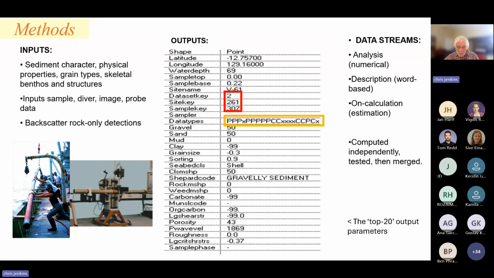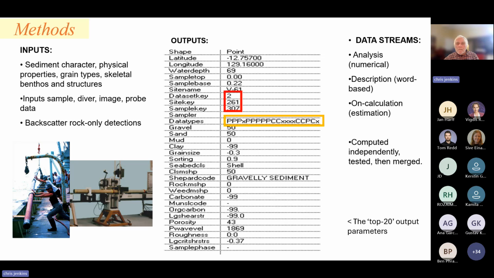We've been with it now for many, many years. It's served very well. And so this is what we supply to people, basically the parameters that everybody wants all the time. There are three data streams in dbSEABED. There's the numerical data type, there's the word-based data type, and then there's an uncalculated data type.